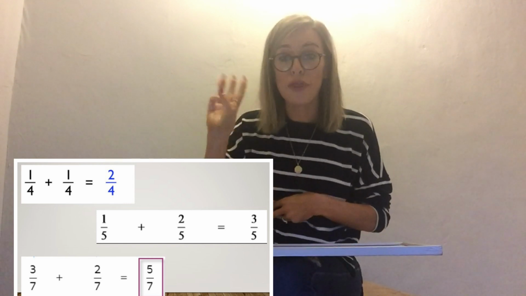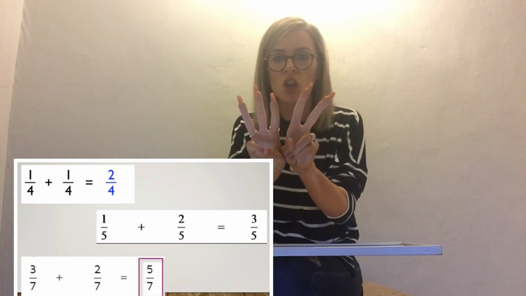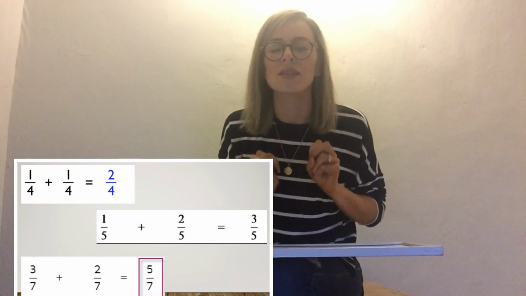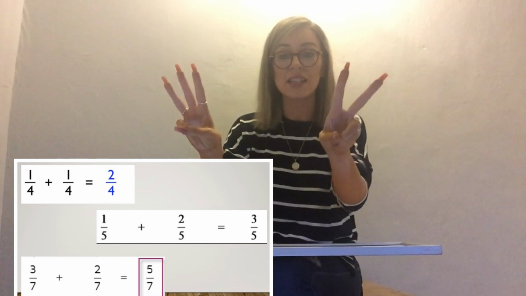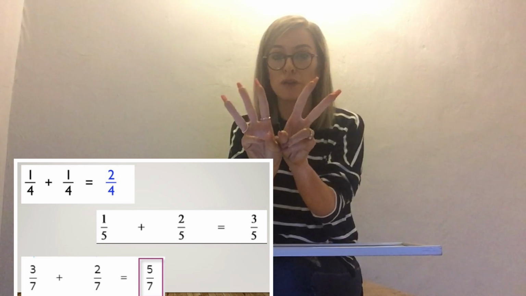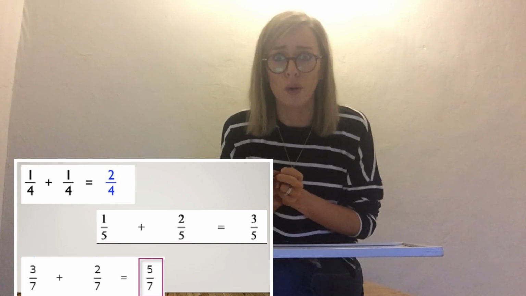If you have got 3 pencils and 2 pencils and you add them together, you've got 5 pencils. If you've got 3 kittens and 2 kittens, you've got 5 kittens. That sounds lovely, 5 kittens, adorable.